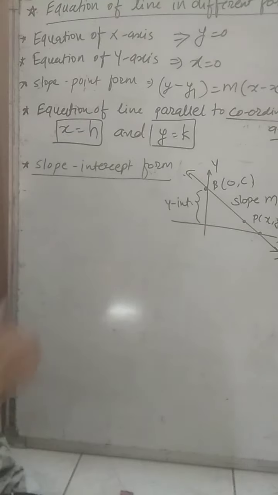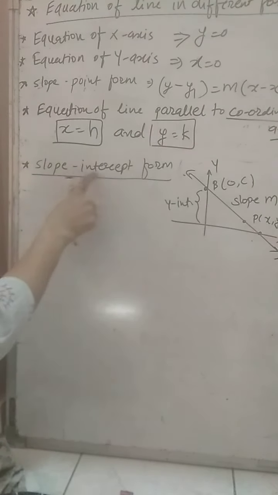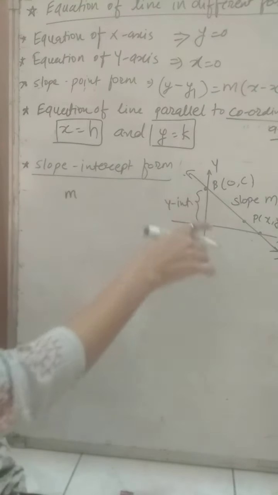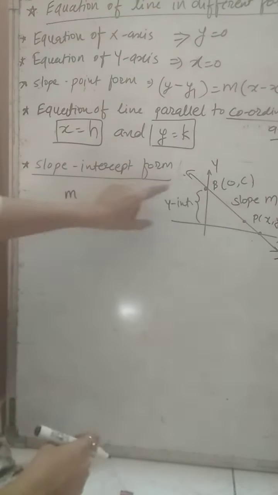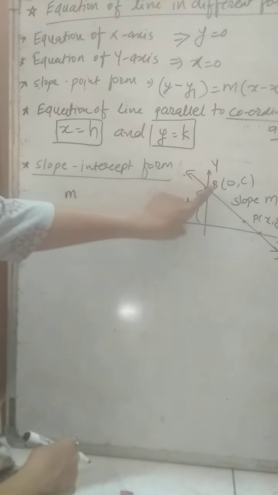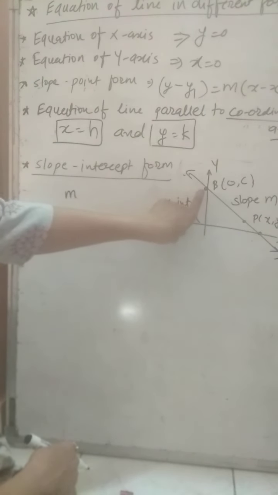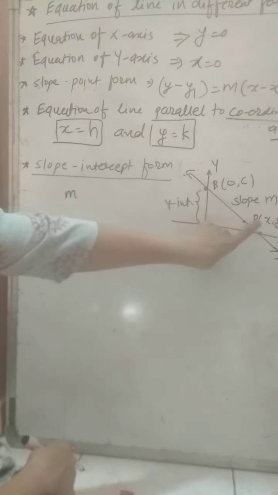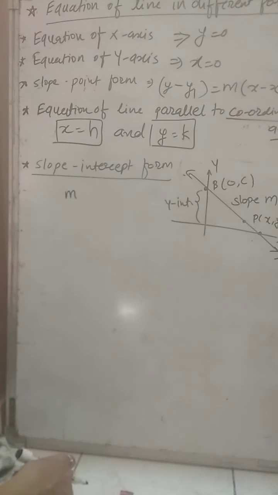Now we learn slope intercept form, another important form. It is used when the slope of the line and an intercept are given. Here the point given is B(0, c), which is the y intercept, because this point lies on the y-axis, and any point P(x, y) on the line is given, having slope m.